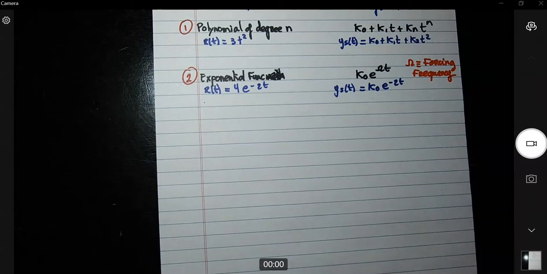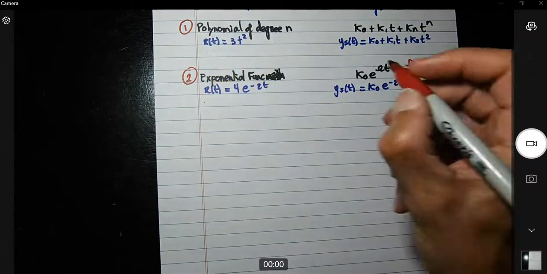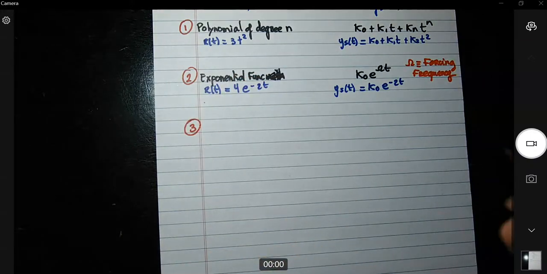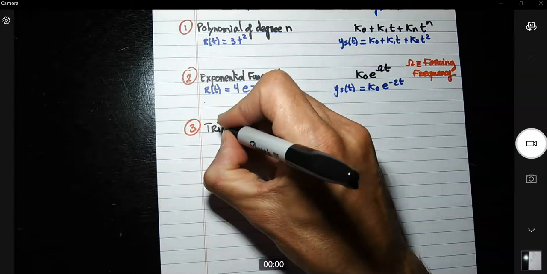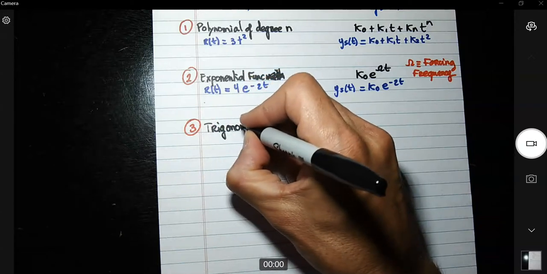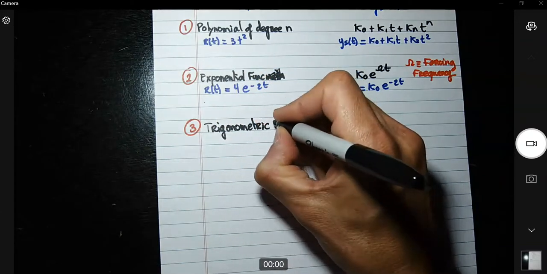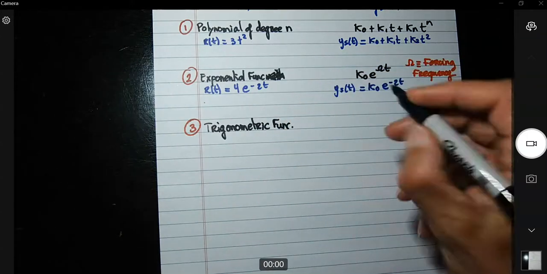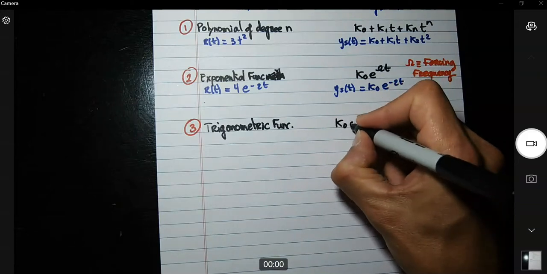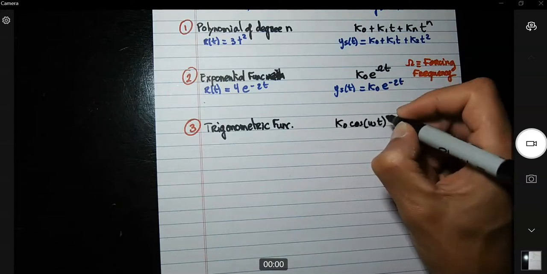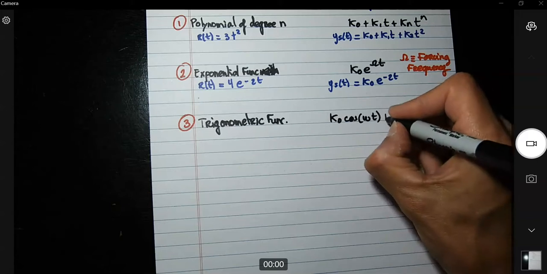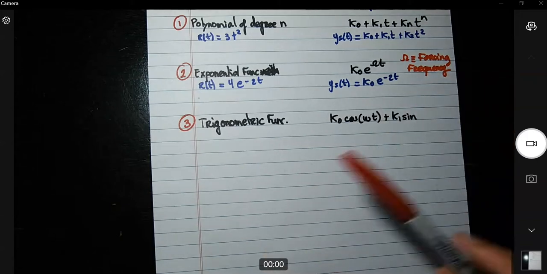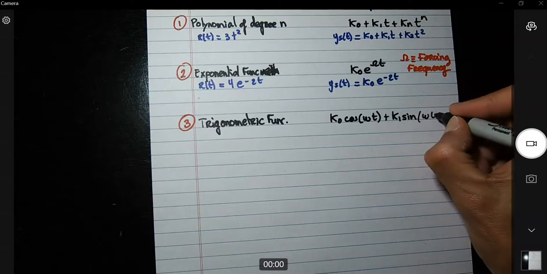That's the same name they give in vibrations. Alright, so case 3. This could be given as a trigonometric function. In that case, the solution will be k naught cosine omega t plus k1 sine omega t.